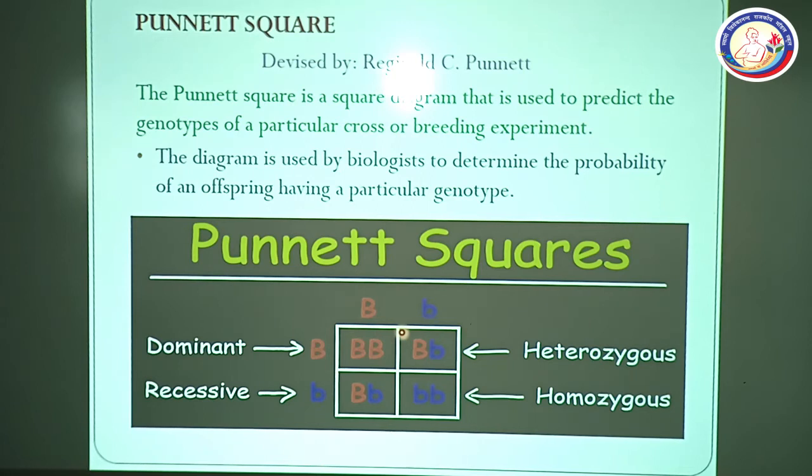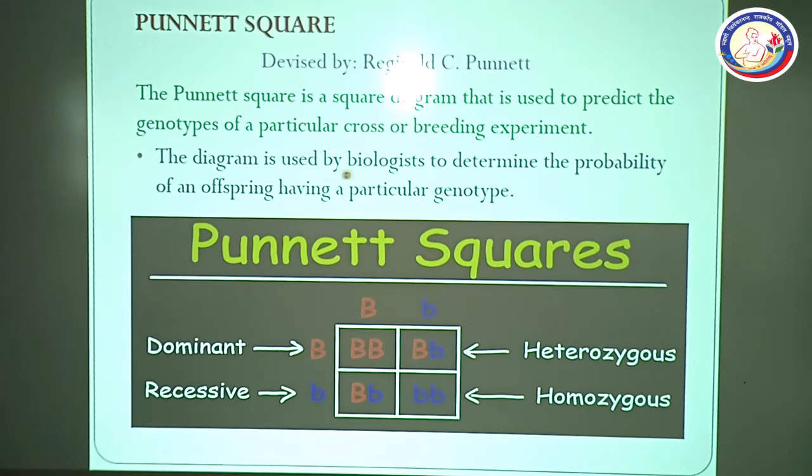Now there is a Punnett square. Basically, when you are going to draw a tabled format for the genotypic and phenotypic expression, then it is called Punnett square. It is devised by Reginald C. Punnett. The Punnett square is a square diagram that is used to predict the genotypes of a particular cross or breeding experiment.